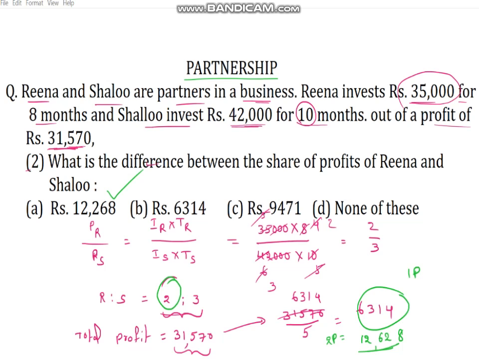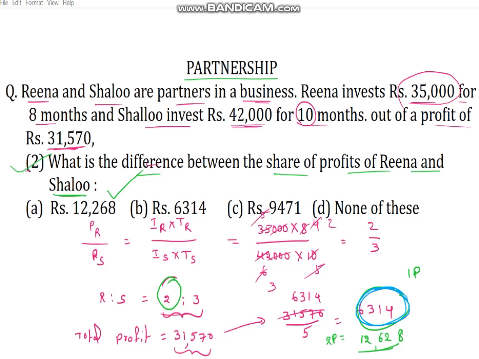Coming to the second question in the same problem: what is the difference between the shares of profit of Reena and Shalu? Friends, here we know each one part share.